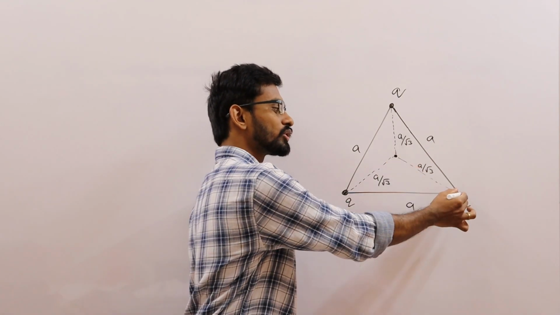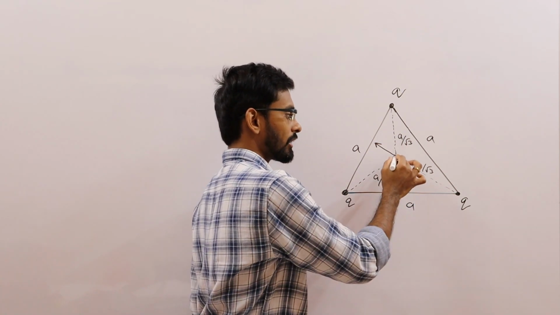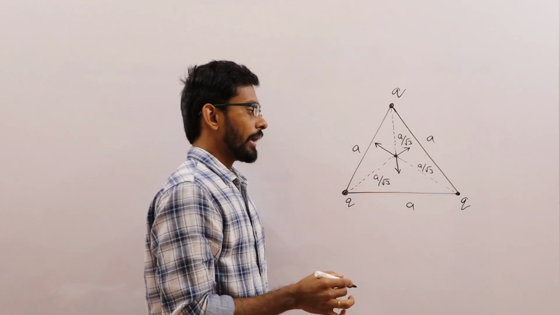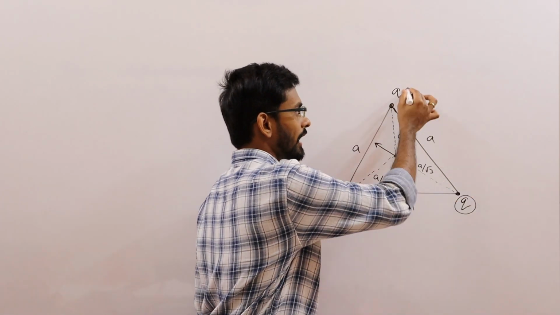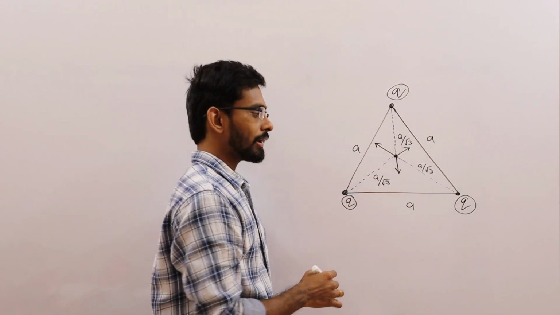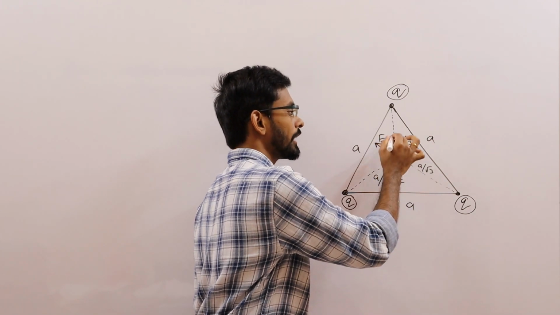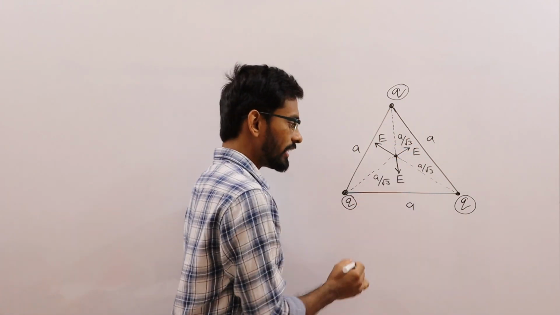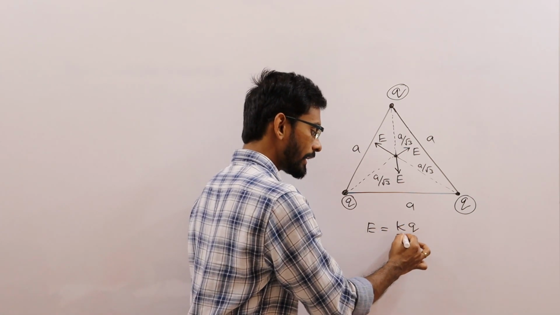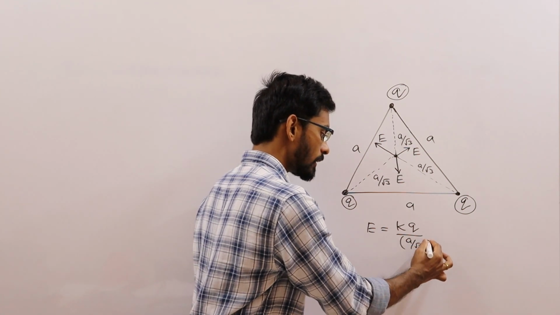Now the electric field due to this charge will be radially outwards, in this direction, and the electric field due to this will be in this direction, and the electric field due to this will be in this direction. As the three charges are identical, the electric fields will also be identical, so let us say it is E, and here also it will be E, and here also it will be E. Now the value of E is K into Q by the distance A by root 3, so A by root 3 whole square.